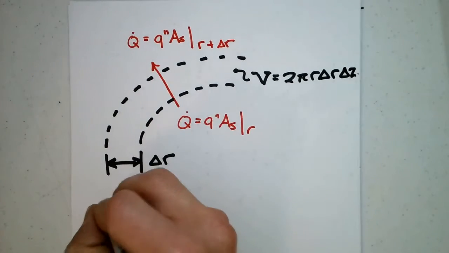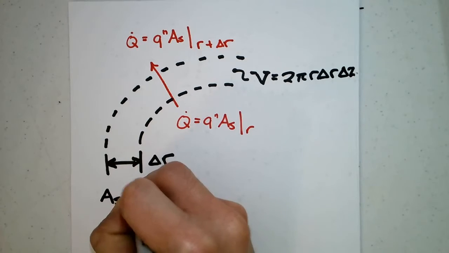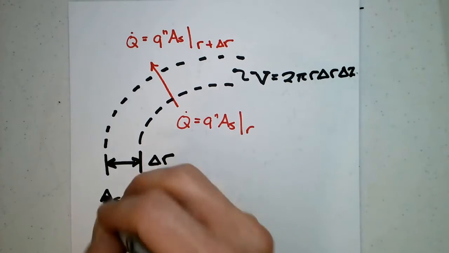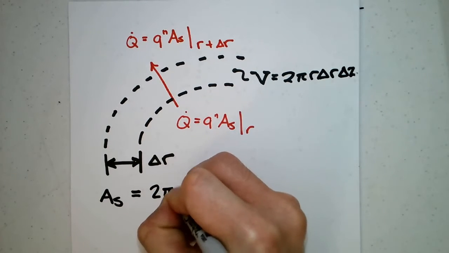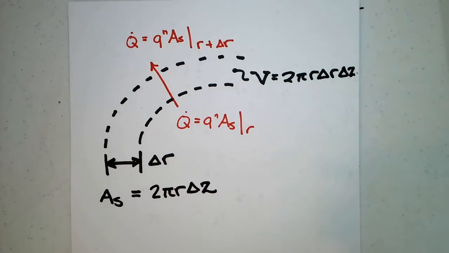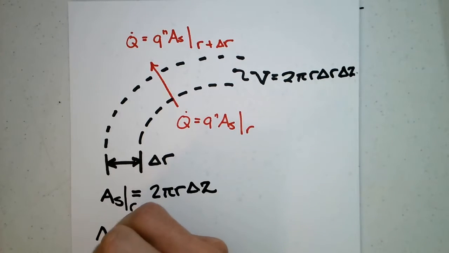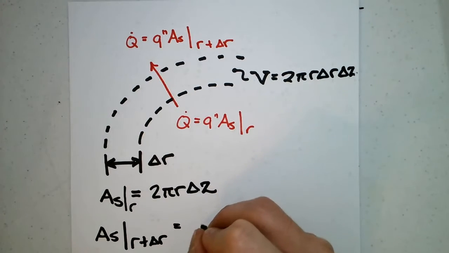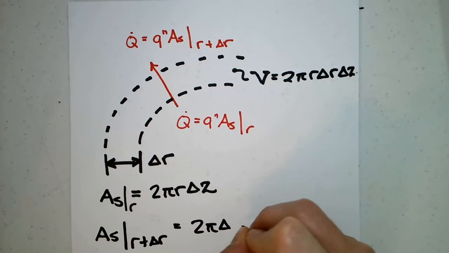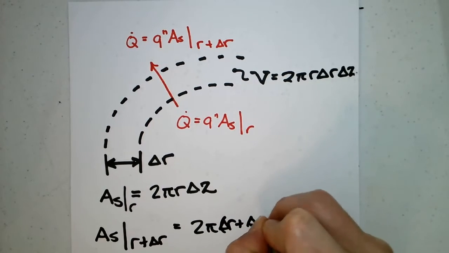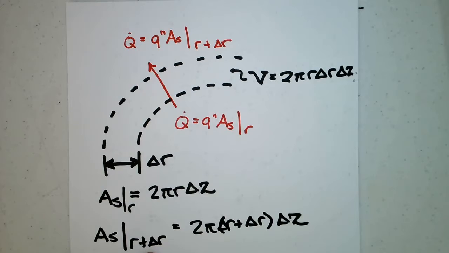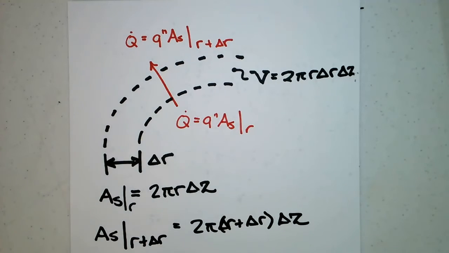This surface area A_s is 2 pi r delta z if evaluated at R, and evaluated at R plus delta R it equals 2 pi (R plus delta R) delta Z. So we know this surface area is actually going to be changing along with q double prime as we move out of this system.